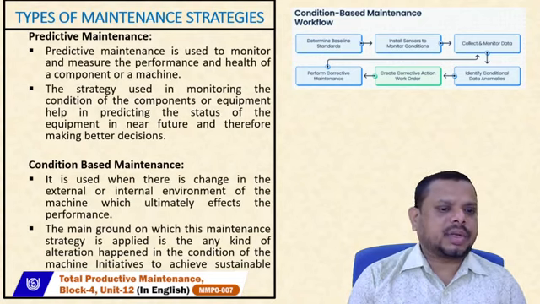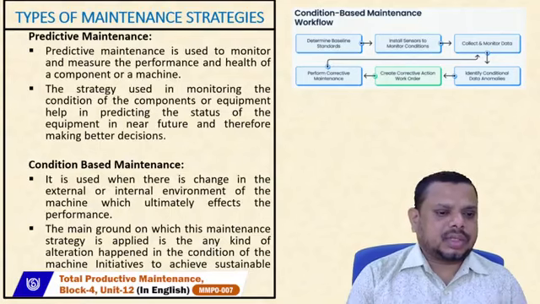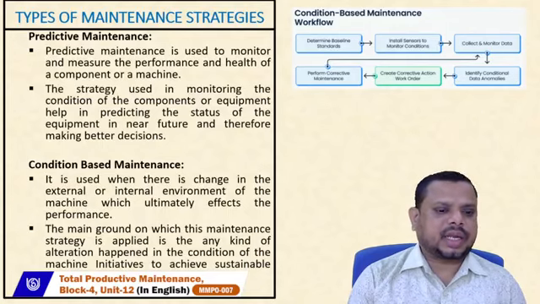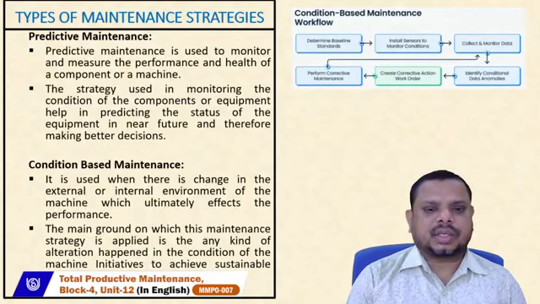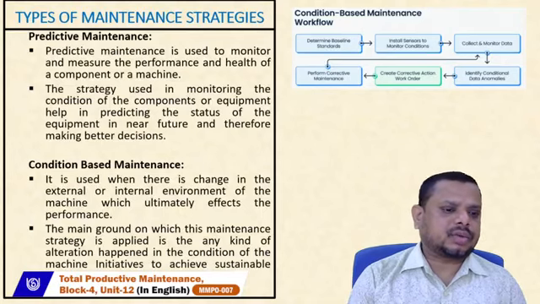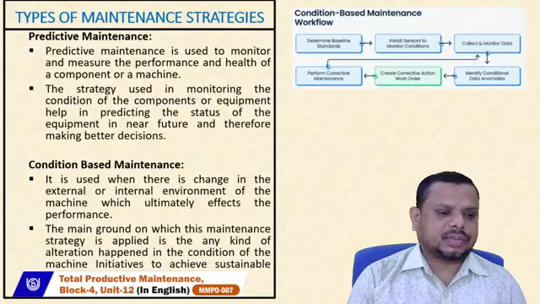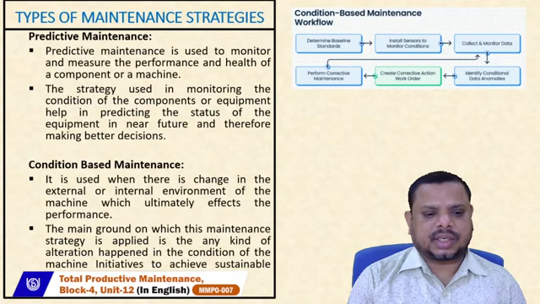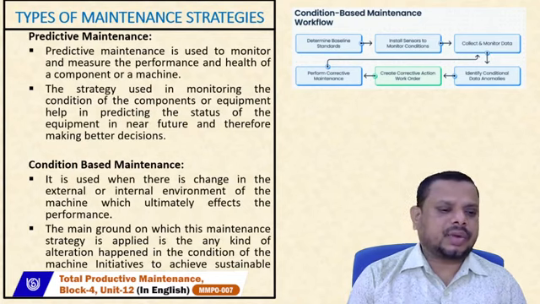The next one is condition-based maintenance. It is used when there is a change in the external or internal environment of the machines which ultimately affects performance. Depending on the consequences of internal as well as external factors, in some cases you need to go for condition-based monitoring, meaning you must monitor the machines meticulously. This is the ground on which the maintenance strategy is applied: any alteration in the condition of the machine.